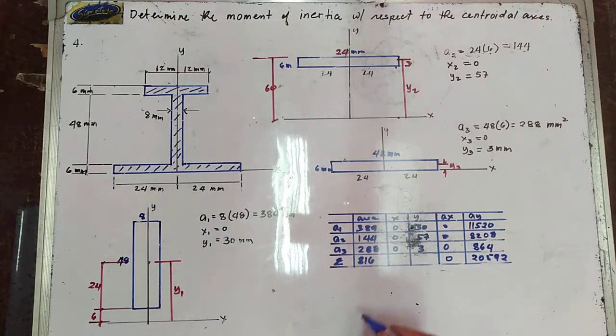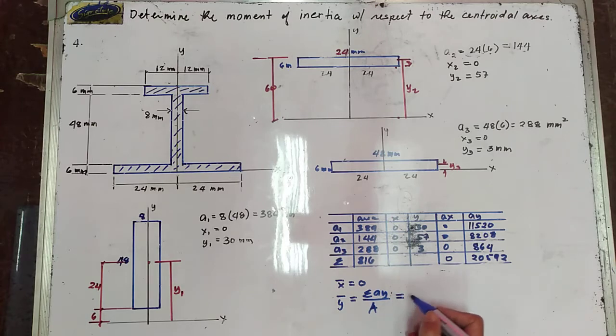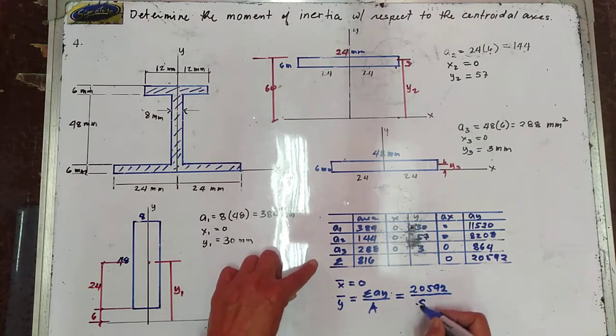Now, so that your bar x in here is equal to 0, and your bar y is now equal to summation AY all over the total area. And this is equal to 20,592 divided by the total area, and that is 816.